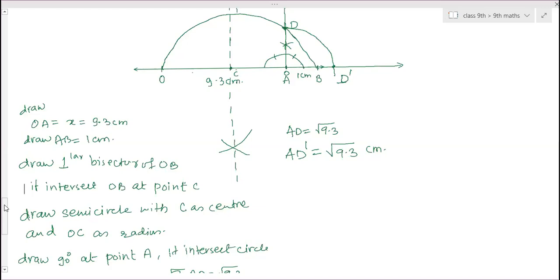Which one is GO? Draw 90 degree at point A. Okay, 90 degree.